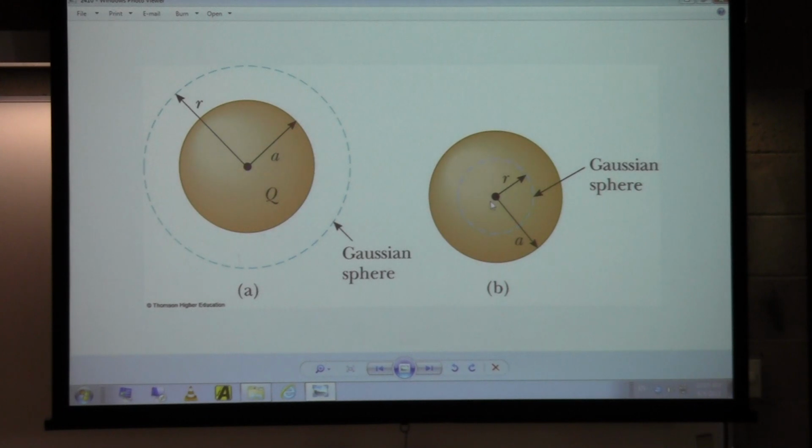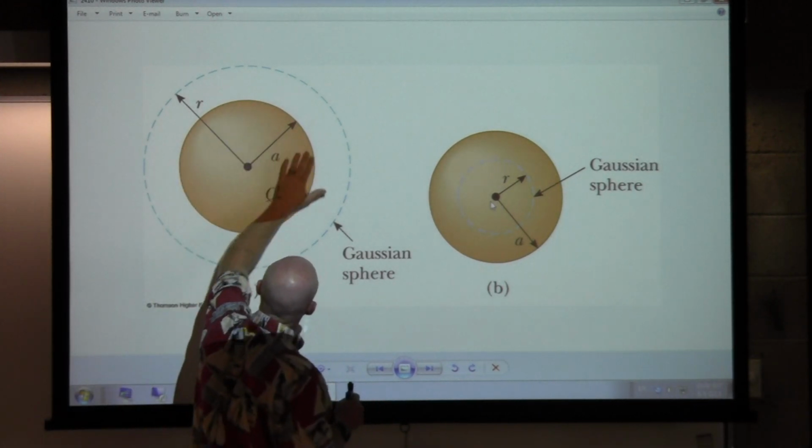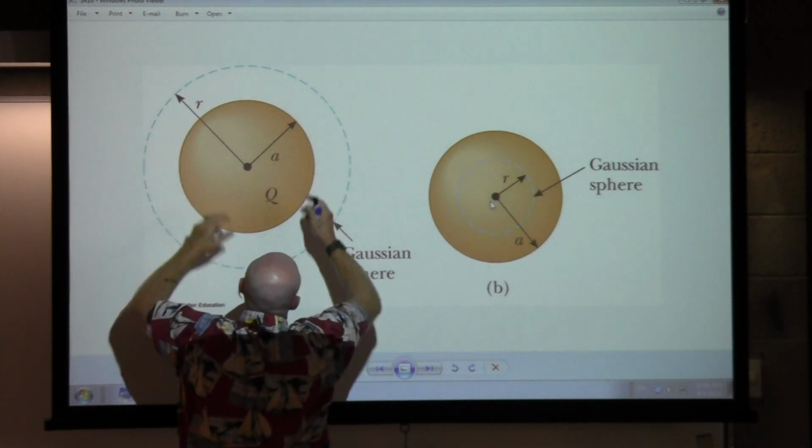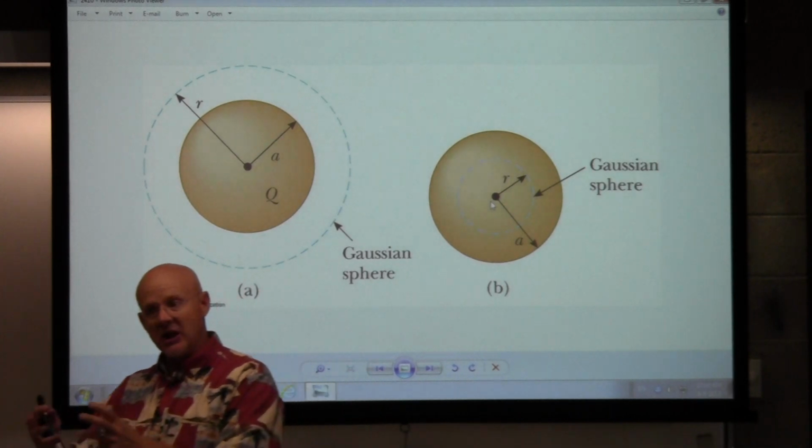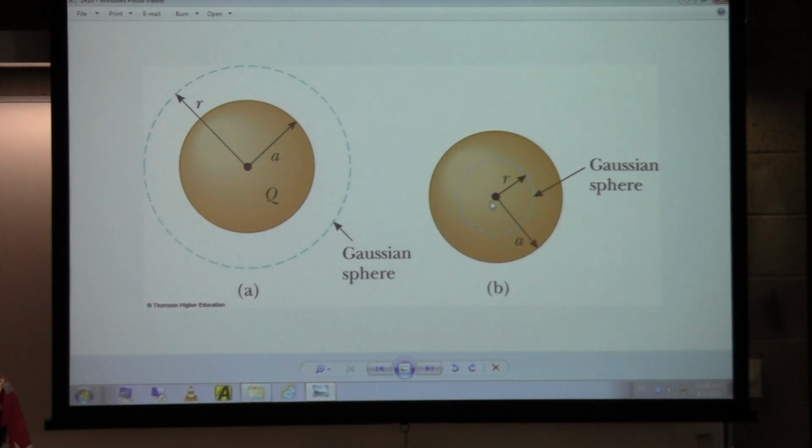And again, a ball, a sphere, if we spread the charge out uniformly in it, we could ask ourselves, what is the electric field on the outside of a ball? And something we didn't ask for a point, we could ask, what's the electric field inside?